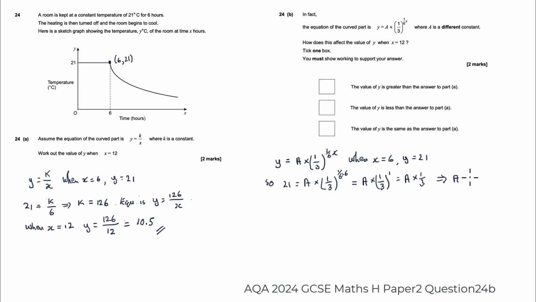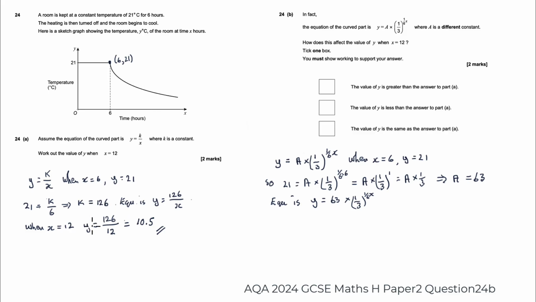So that's 63. So as before, once we've worked out the constant, we know what the equation is. So the equation of that curve is y equals 63 times 1/3 raised to the power of 1/6 of x. And we were interested in x being 12.